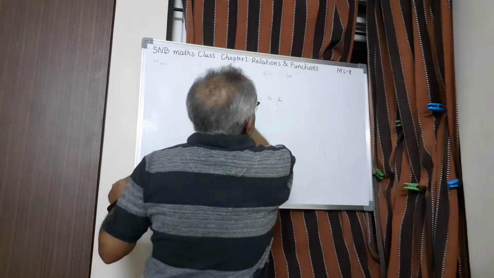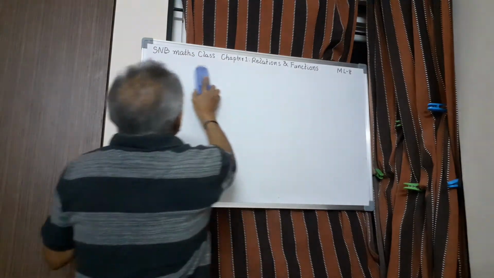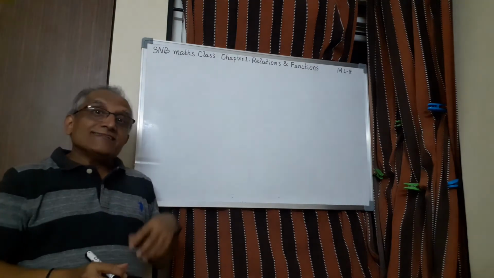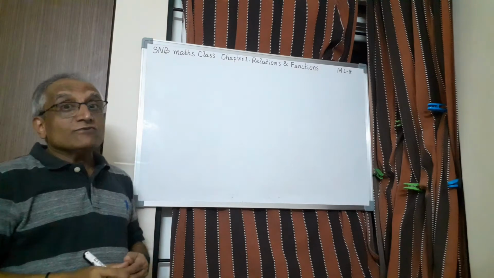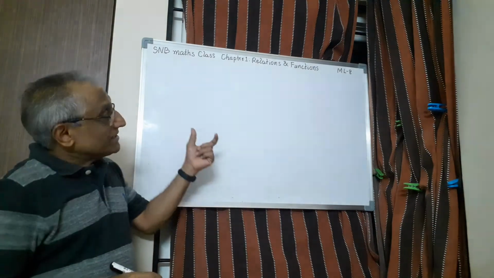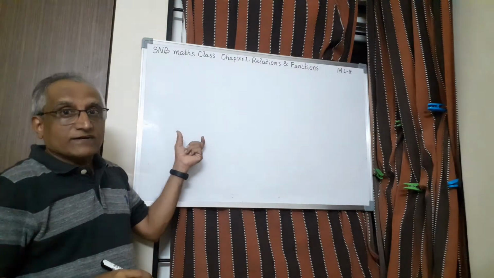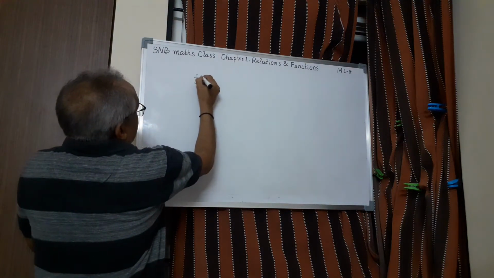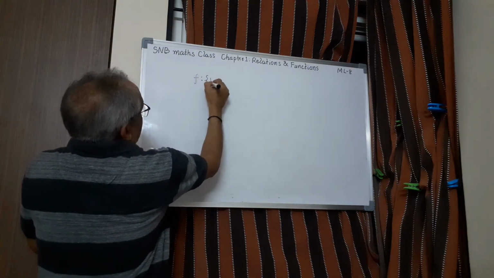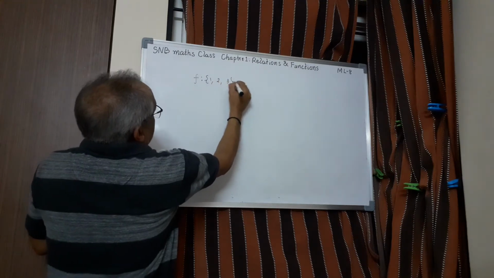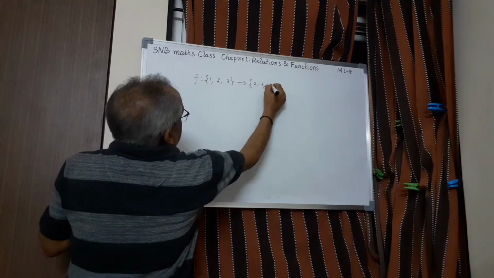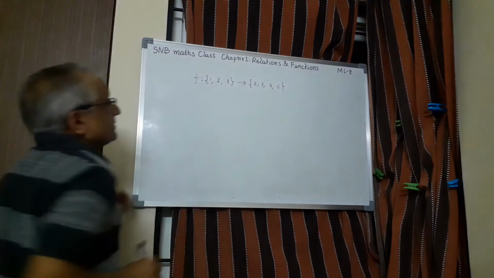Now let me tell you some of the important aspects of invertible function, because in the next chapter, that is inverse trigonometric function, we are using the concept of inverse functions. Now consider f is a function from, let us say, 1 2 3 to say 2 3 4 5.